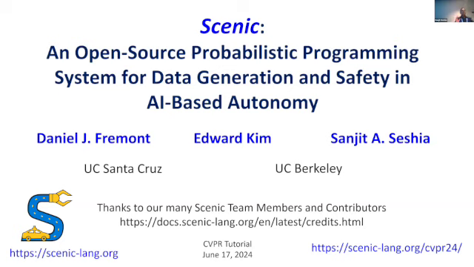So I want to start by setting some context here for the next 25 to 30 minutes for why we created Scenic and what sort of use cases it enables.